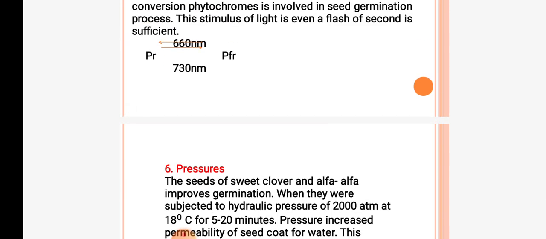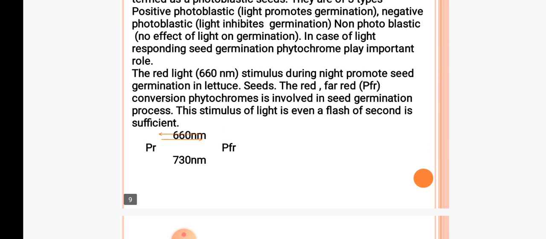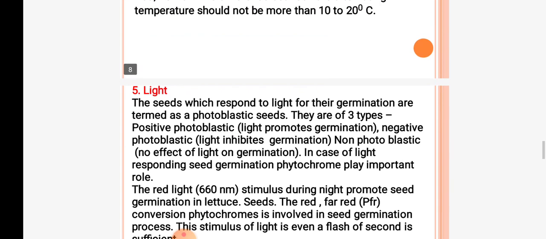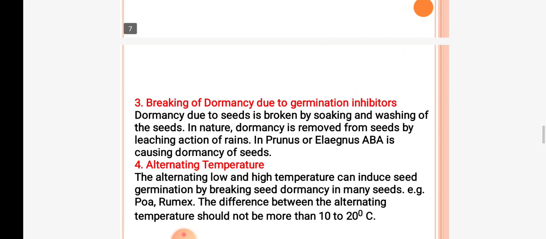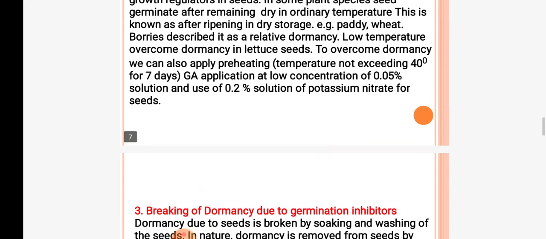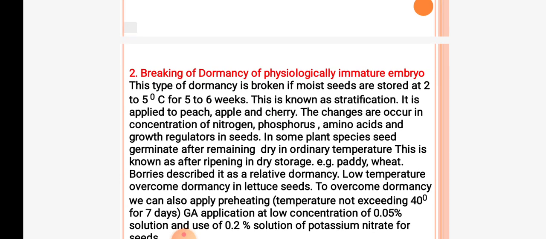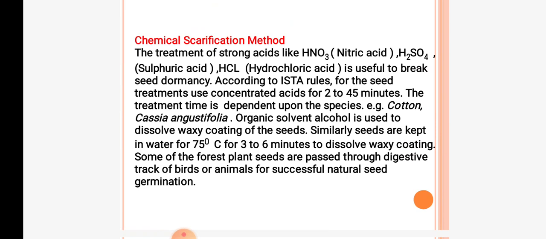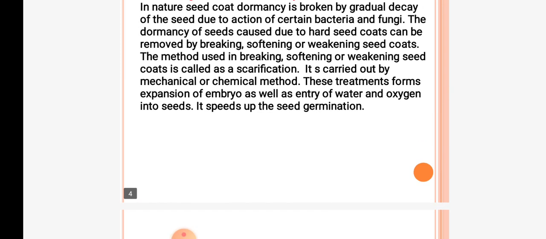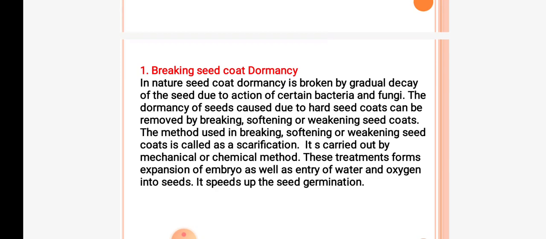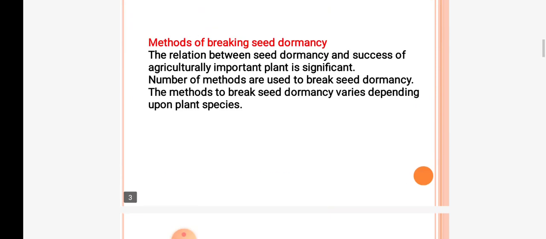Then different methods to break the seed dormancy, like pressure, light, alternating temperature, breaking of dormancy due to germination inhibitors, breaking of dormancy of physiologically immature embryo, chemical scarification methods, mechanical scarification methods, breaking of seed coat dormancy.